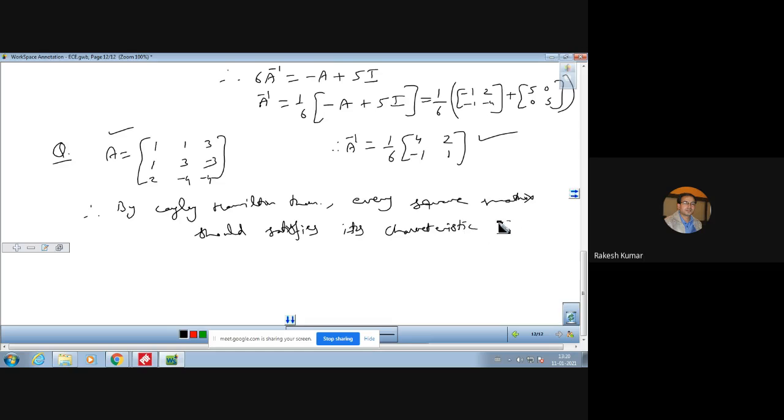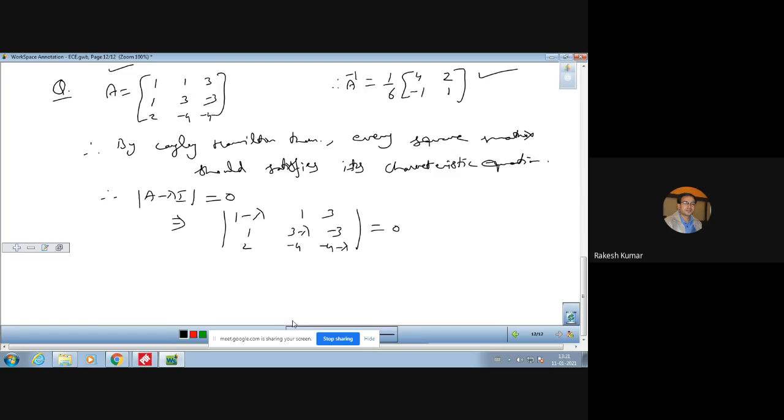This is the statement of the Cayley-Hamilton theorem. So you just need to find the characteristic equation. The determinant of A minus lambda I should be 0. So this will give you the determinant of [1 minus lambda, 1, 3], [1, 3 minus lambda, -3], [2, -4, -4 minus lambda] is equal to 0.